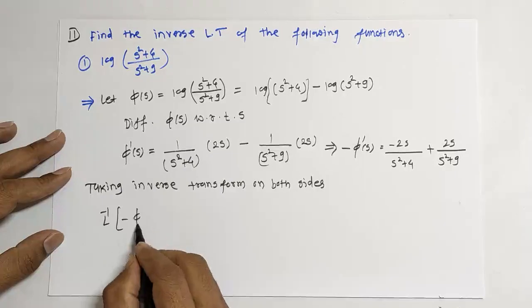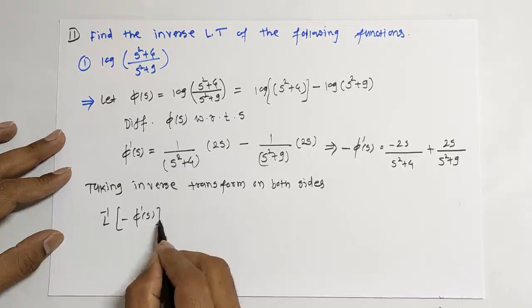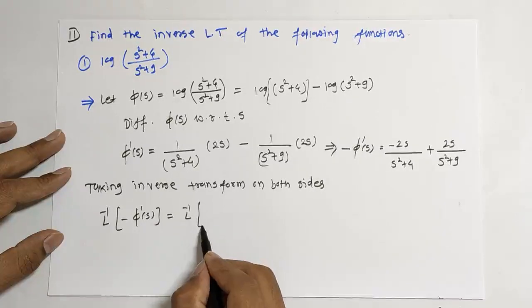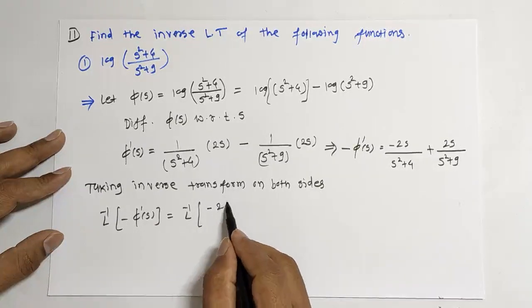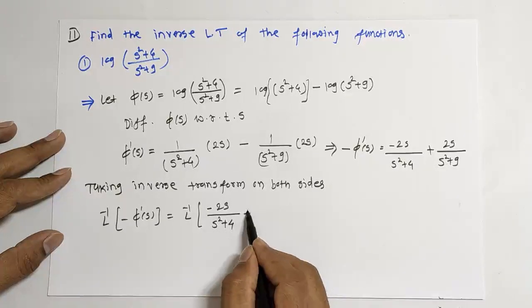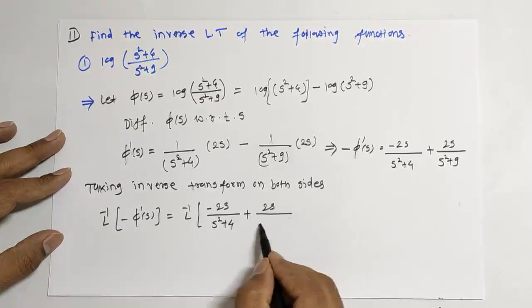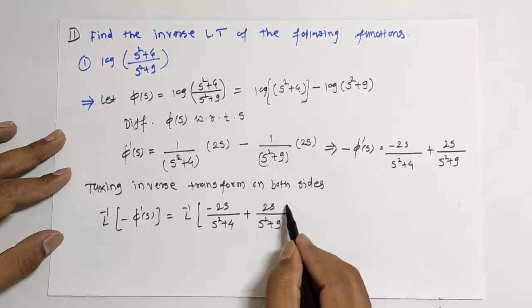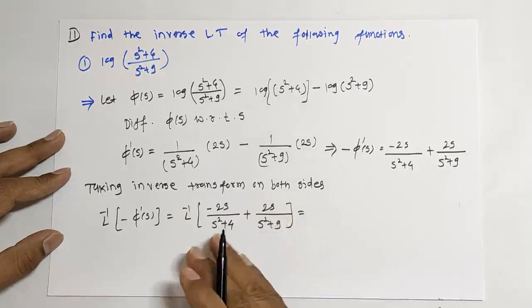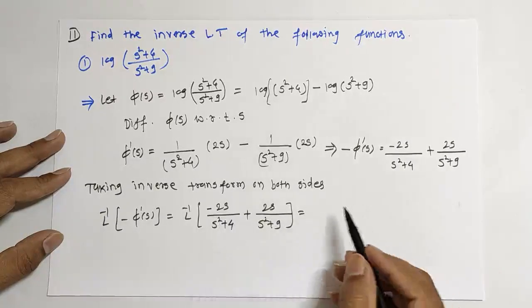L inverse of minus phi dash of s is equal to L inverse of minus 2s upon s square plus 4 plus 2s upon s square plus 9. In the right hand side you can split the inverse. There are two terms. You can take constants also outside.